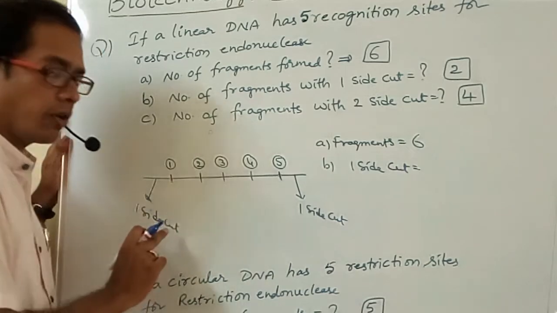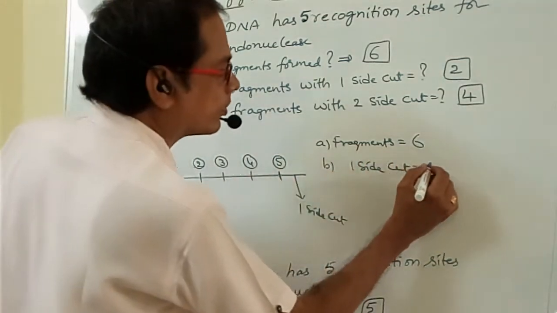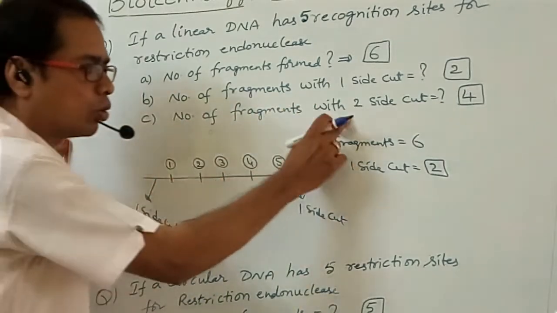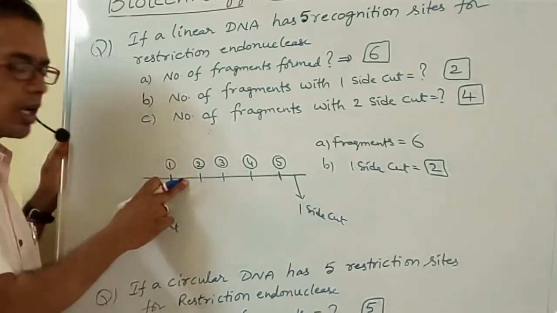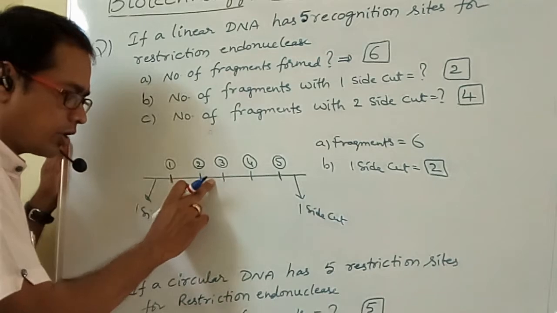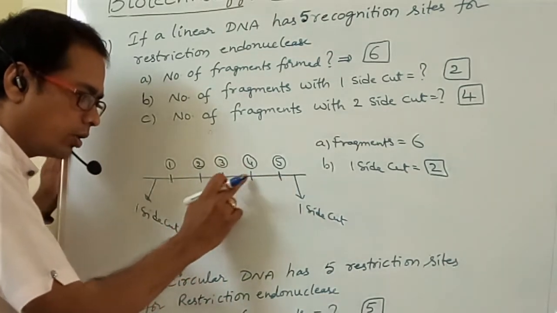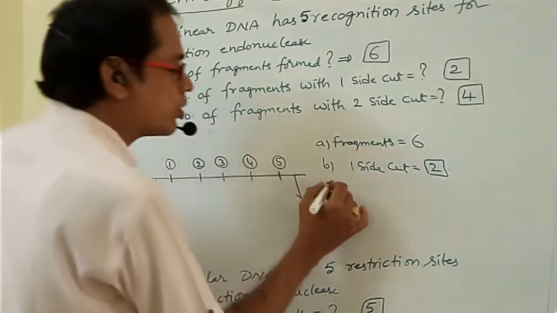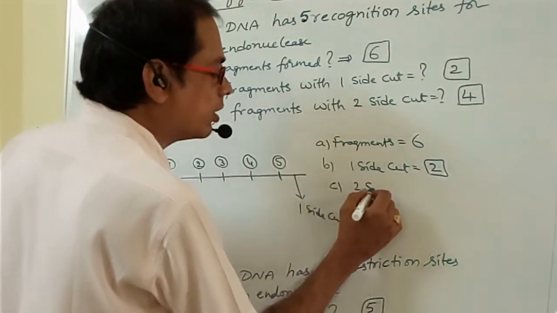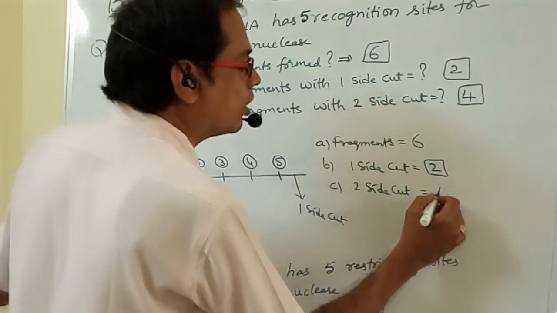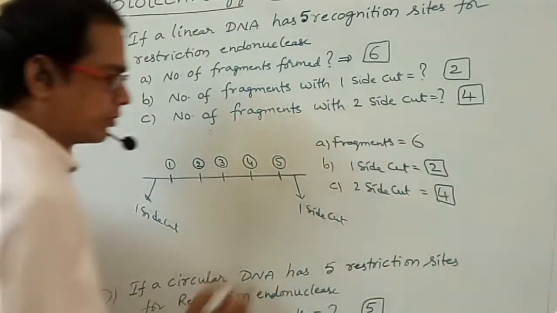How many fragments are with one side cut? 2 fragments. Okay, number of fragments with 2 side cuts: this fragment is cut on both ends, this is also on both ends, this is also, and this is also. 1, 2, 3, 4. So number of fragments with 2 side cuts is equal to 4. Okay.